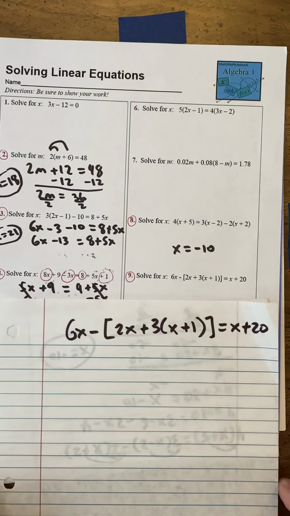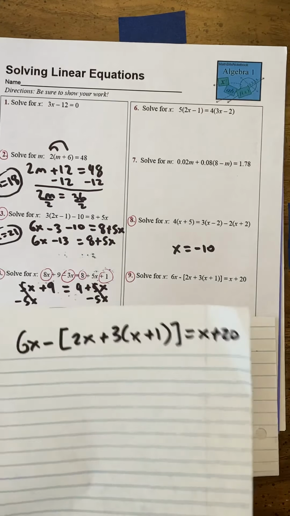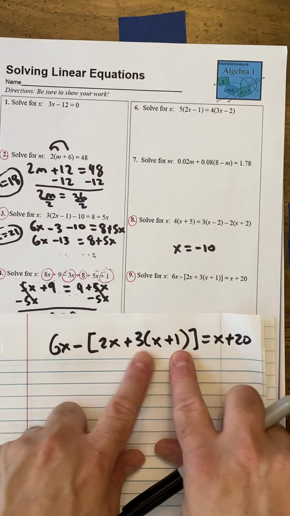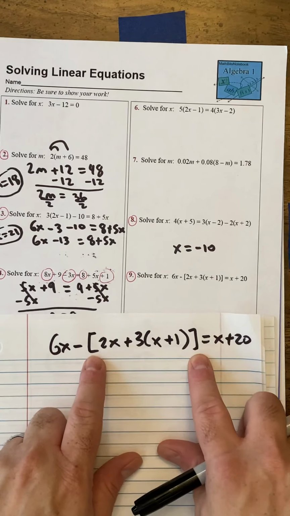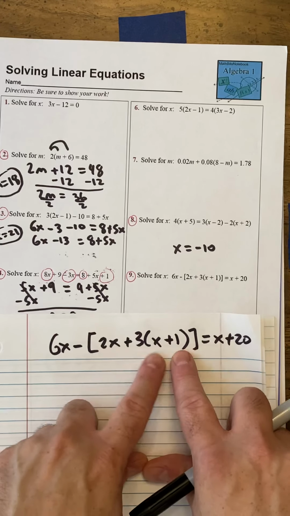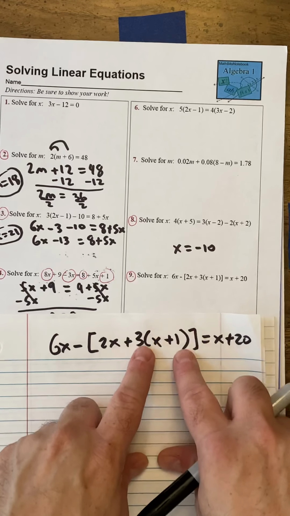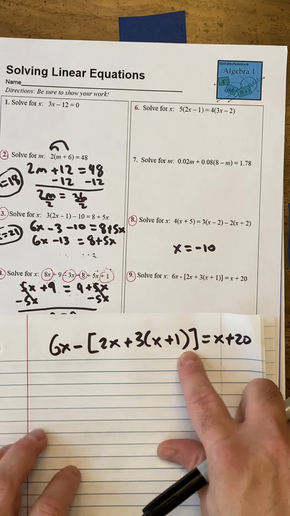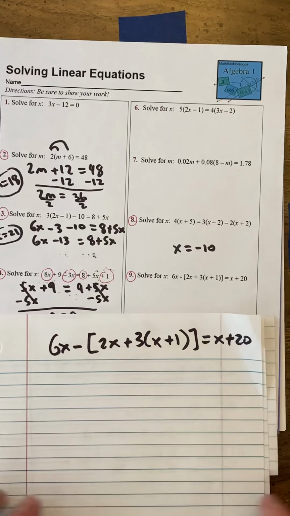The reason for the brackets is that when you have parentheses within parentheses, it's easier to see what's grouped together with brackets instead of parentheses. So here the x plus 1 is in parentheses, and then this whole thing is in brackets. This way you can identify which part belongs to which.